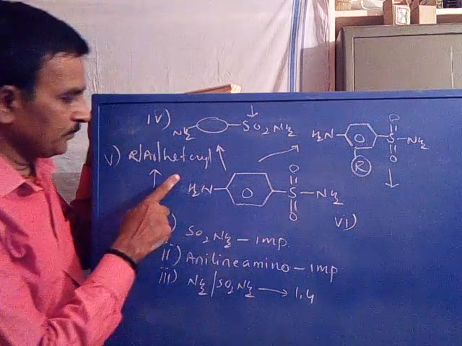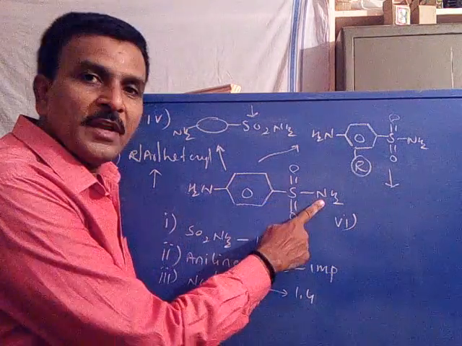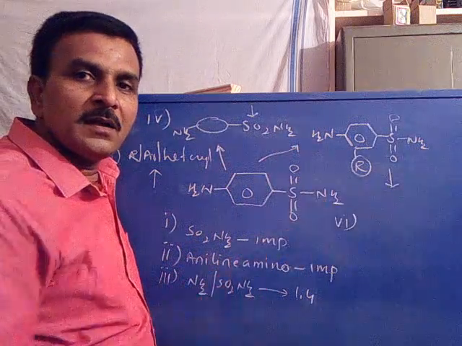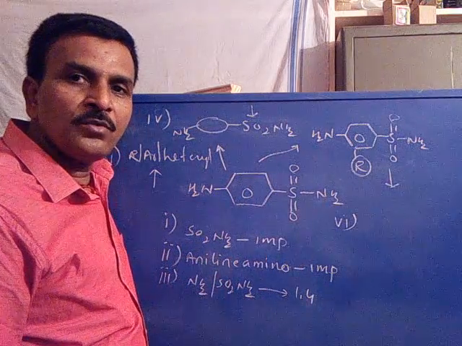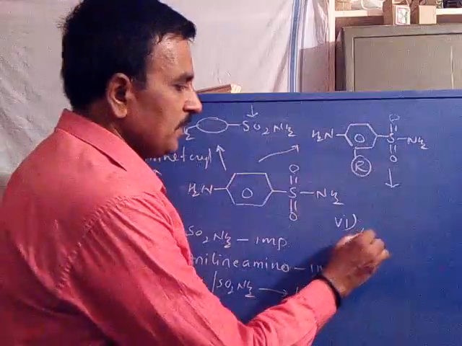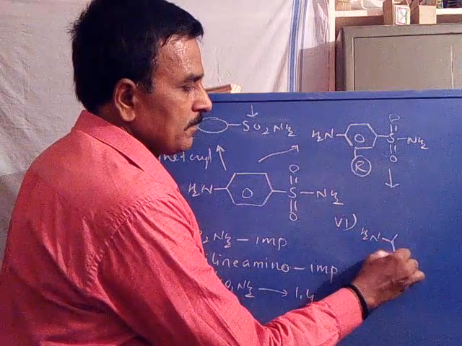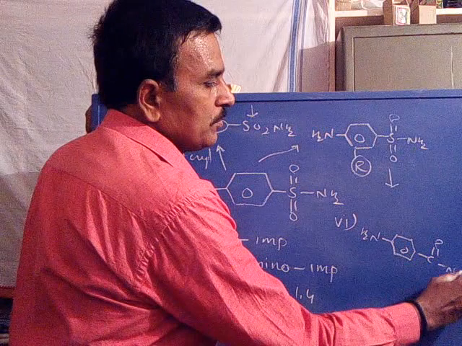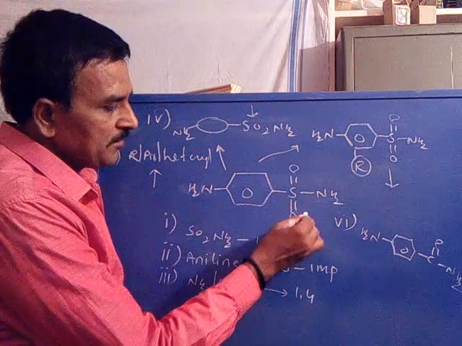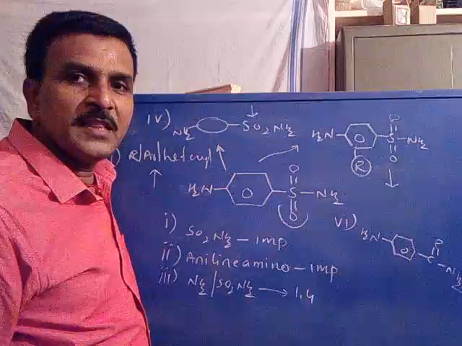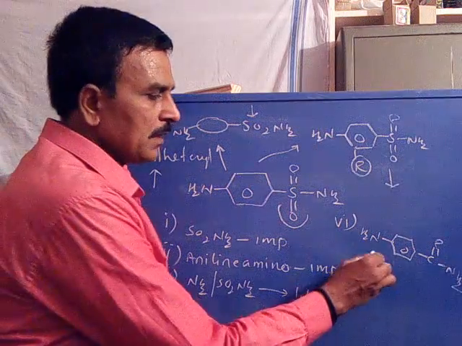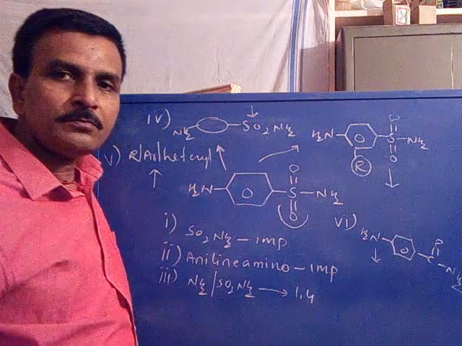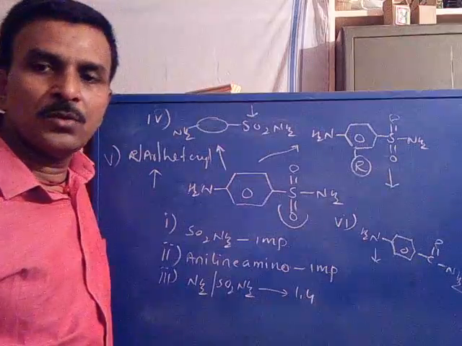replacement of the SO2NH2 group by another similar group loses the activity, that is H2N, say C double bond O NH2. Now replacement of this SO2 group by another decreases or loses the activity. So we should not replace the SO2 group.